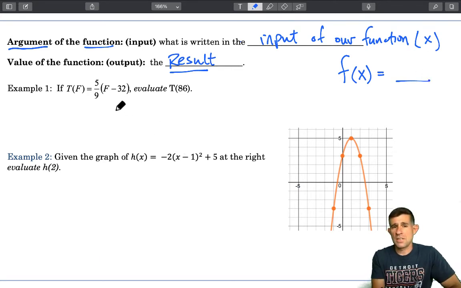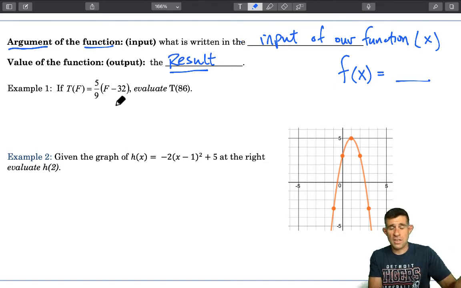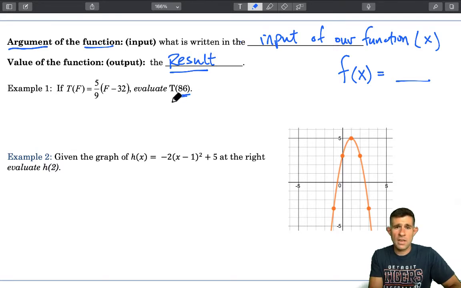So let's take a look at an example. Here we have some function notation. T of f is equal to 5/9 times f minus 32. This is the function that converts Fahrenheit to degrees Celsius. So here we have a temperature of 86 degrees Fahrenheit, and that is going to be our argument. We want to put it into and evaluate this function for that argument.